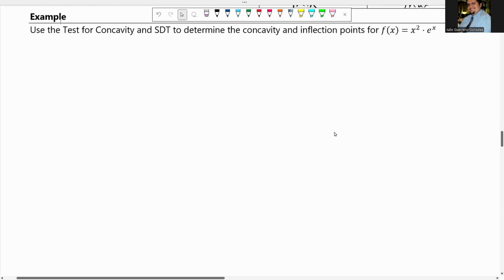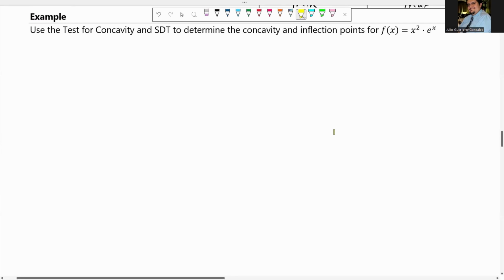How is this used in practice? We might need to determine concavity or inflection points, changes in concavity, of a function.